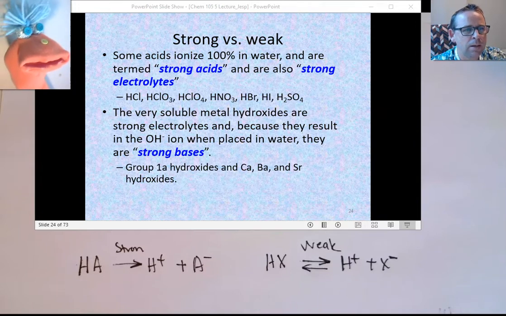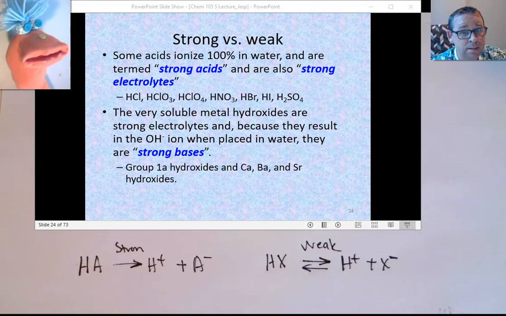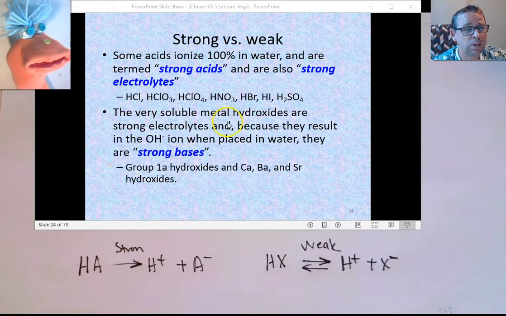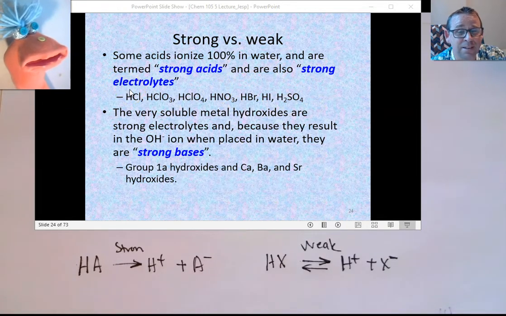Okay? Now, the strong acids, there's only 7. And this is the list here. HCl, HClO3, HClO4, HNO3, HBr, HI, H2SO4. Okay? And I want you to write down this list of strong acids on the back or on the front of your periodic table, somewhere where you can always refer to them.